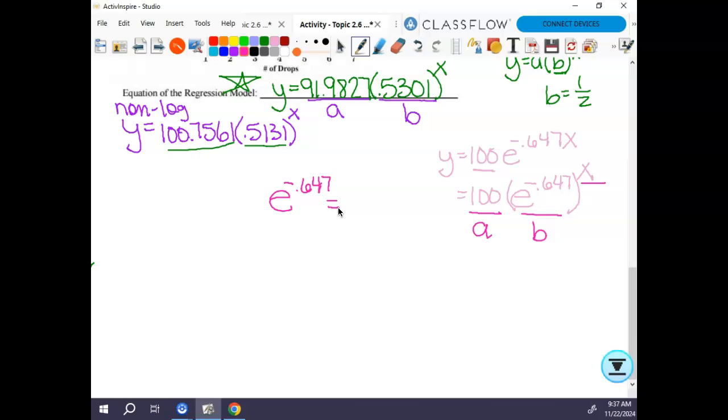Thank you, Mario. What did you get? 0.5236. Okay. Equals 0.5236. So really, I could rewrite this as 100 times 0.5236 to the x power. Okay. So this is why the equivalent forms can matter, whether we have it in the e form or not, and whatnot.